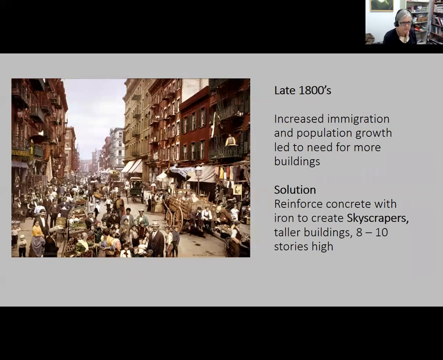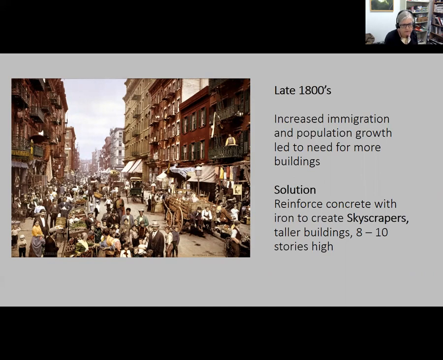There's the Great Migration, where African Americans living in the South moved up north to cities like New York, Chicago, and Los Angeles in hope that people won't be as racist, and in hope that they can find jobs. Their hopes did not always come true. There was also an increase in the number of Irish, Italian, German, and Polish people immigrating to the United States, so there's a population explosion.